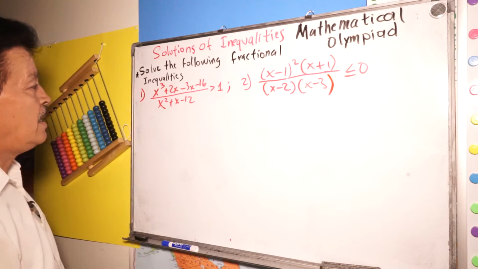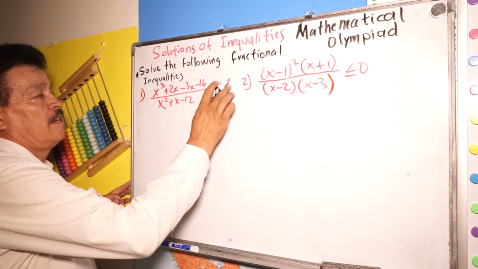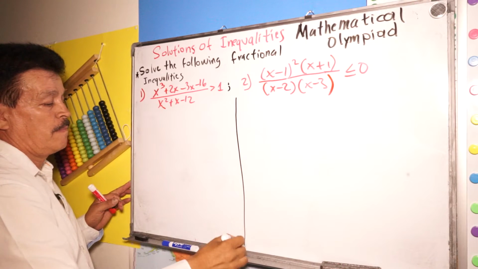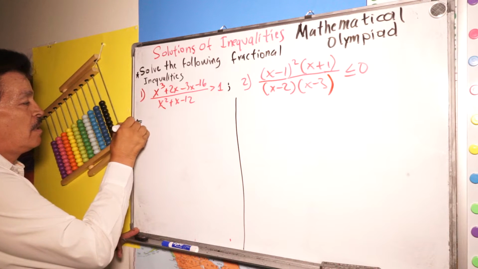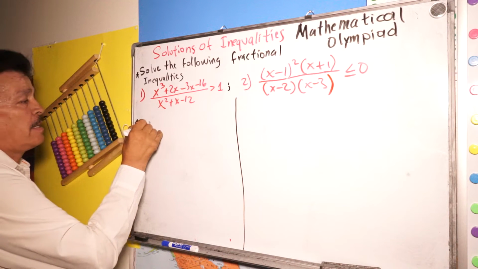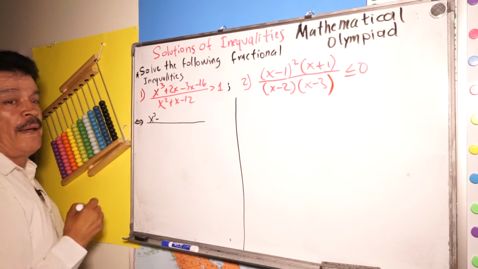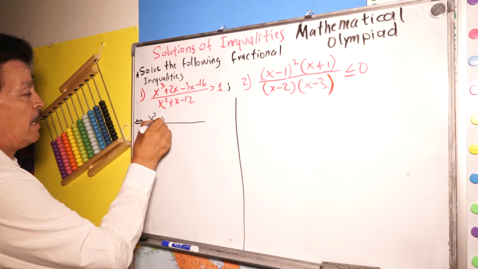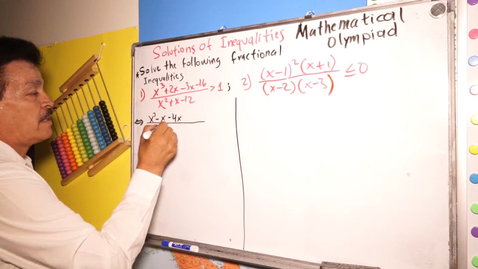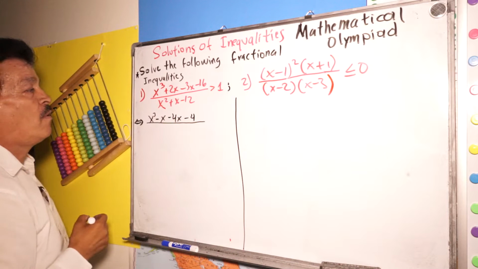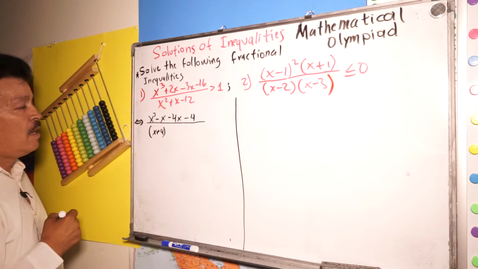Alright, let's go, and let me try to solve the first one. Okay, this is the first problem. Our first step should be this way: write on the top x³ − x² − 4x − 4, divided by, in the bottom, x + 4.